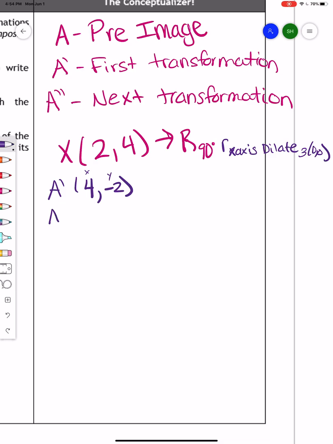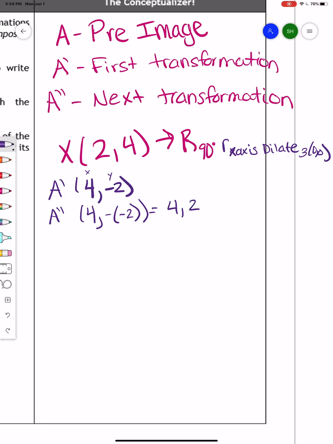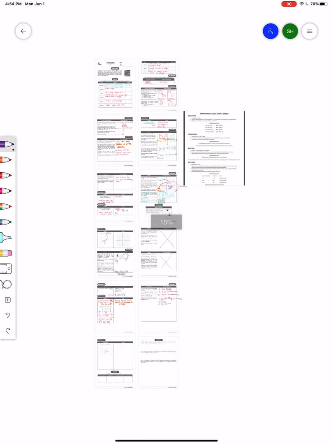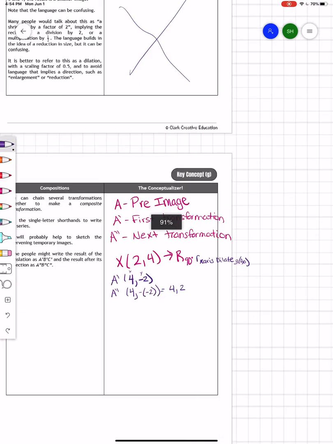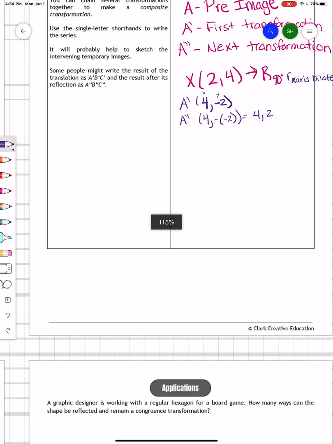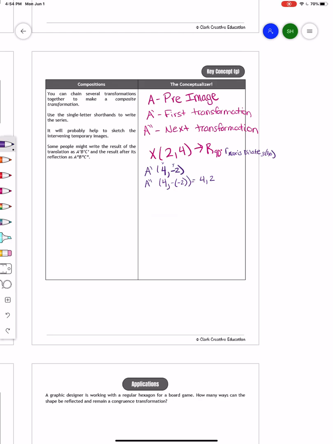So my A double prime would be 4, negative, negative 2, which equals 4, 2. I'm really sorry, guys. I think it's my bracelets on my screen that is causing this to be all crazy. Okay, so 4, negative 2.